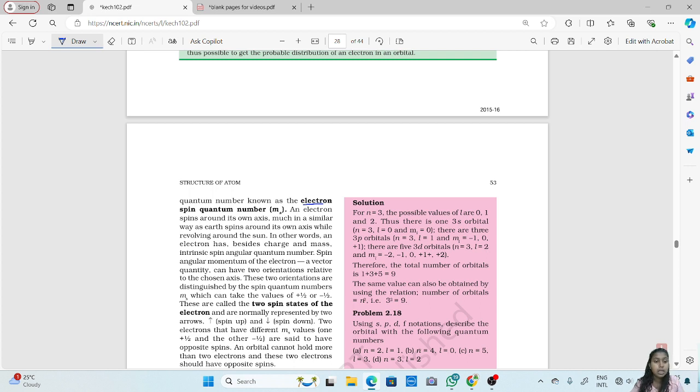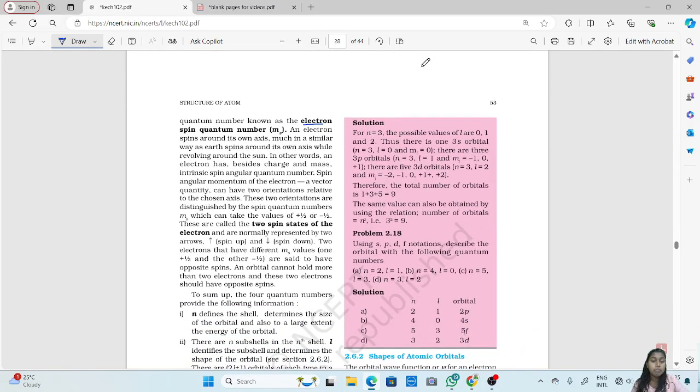An electron spins around its own axis in a similar way as Earth spins around its own axis while revolving around the sun. How does Earth spin around its own axis? Similarly, the electrons also spin around their own axis. Now, in other words, an electron has, besides charge and mass, an intrinsic spin angular momentum.